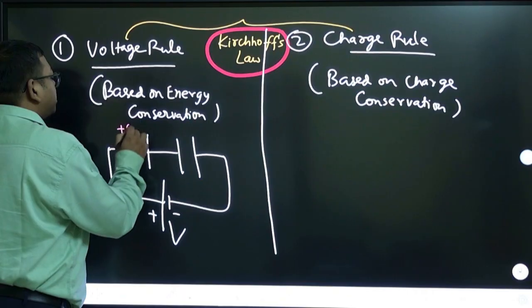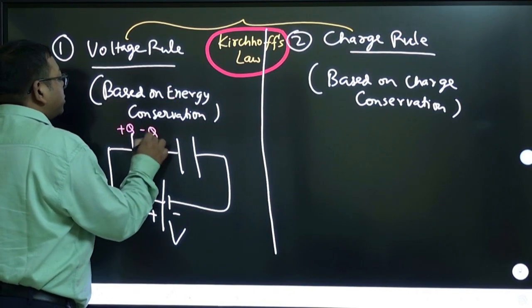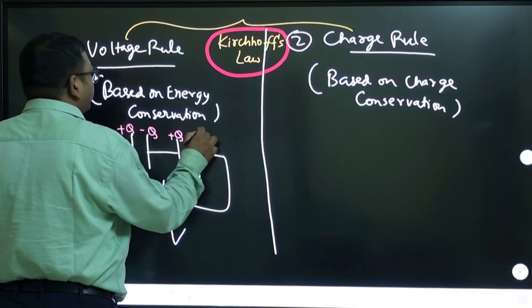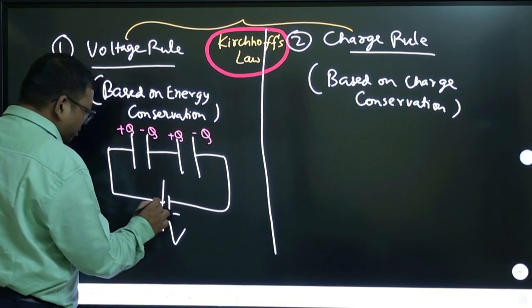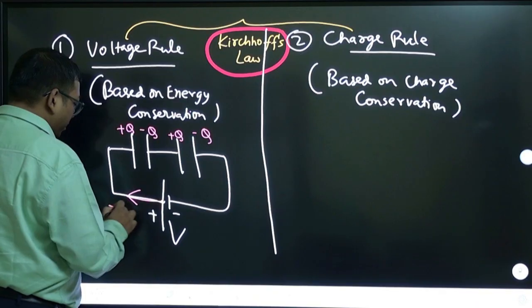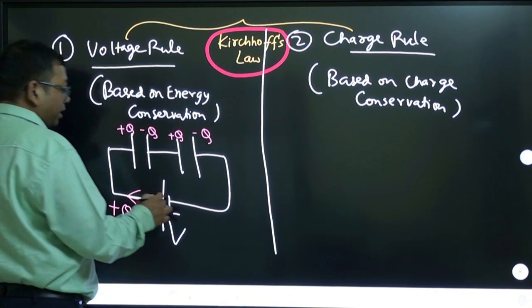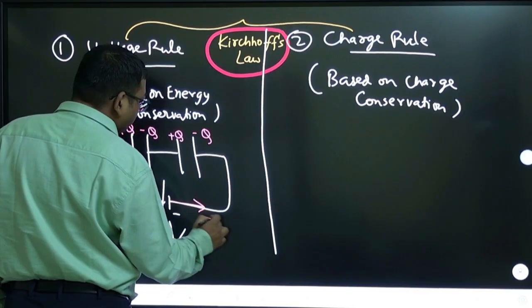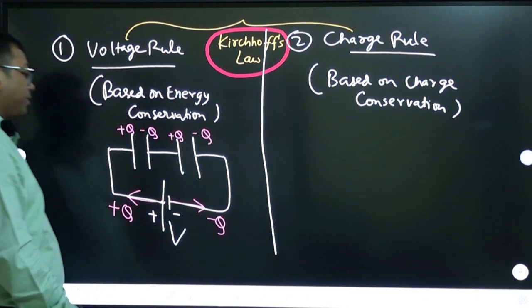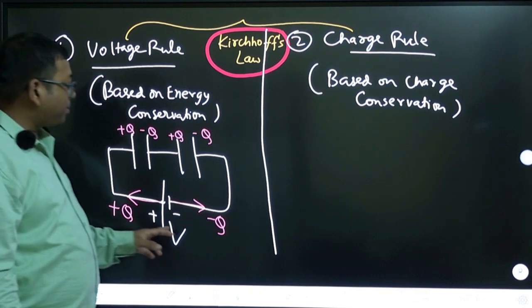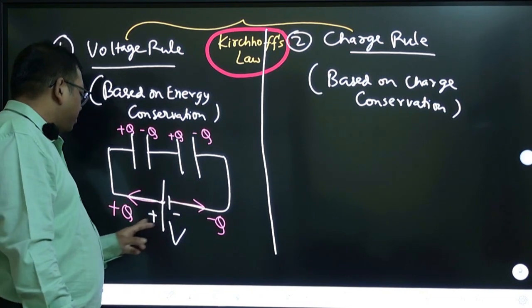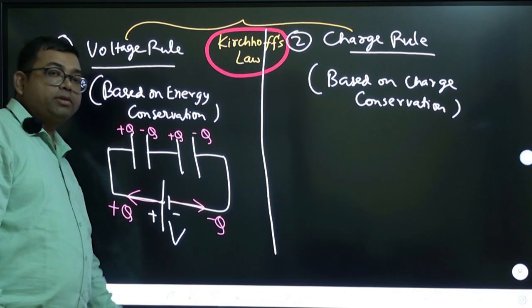So it will store plus q, minus q, plus q, minus q, like that. The positive end supplies plus q to this side, and the negative end supplies minus q to that side. Negative end will supply minus q to this plate, positive end will supply plus q to that plate.